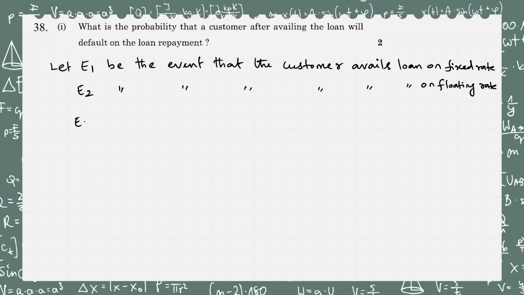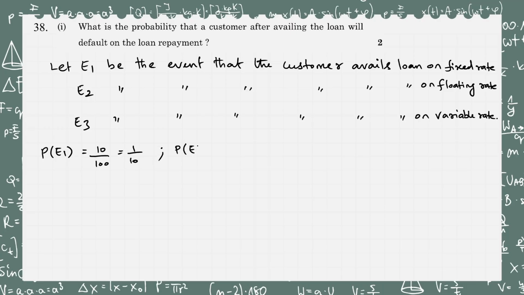Same way, let E3 be the event that the customer avails the loan on variable rate. And their probabilities are already given. P of E1 equal to 10% is given, right? P of E1 equal to 10 by 100, which is 1 by 10.